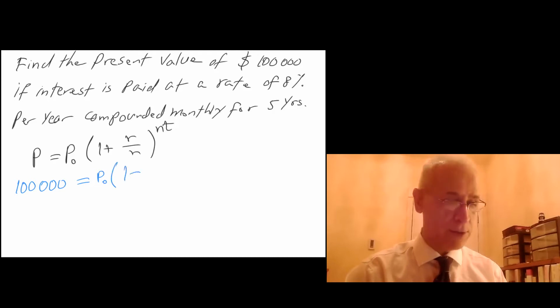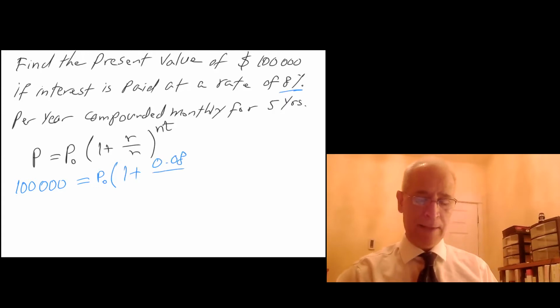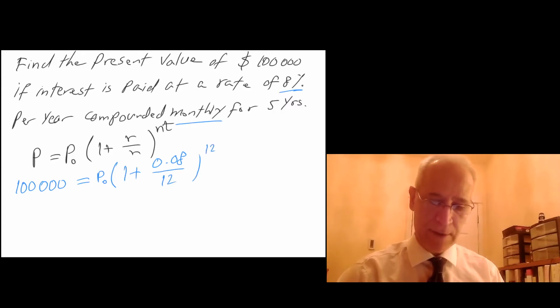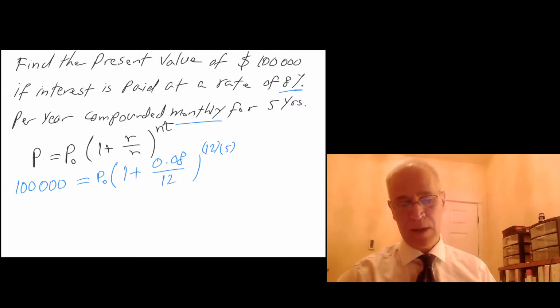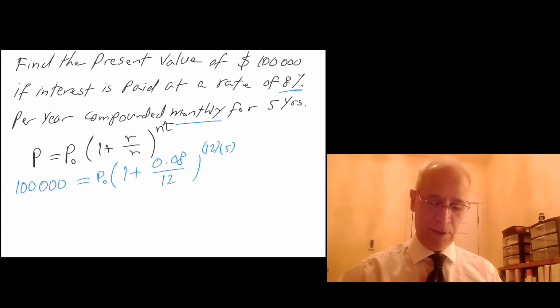So 1 plus, in this problem, notice that the rate is 8%, so 0.08. And it is compounded monthly, so N is 12, to the power of 12 times, of course, 5 years. And now I want to solve for P initial.